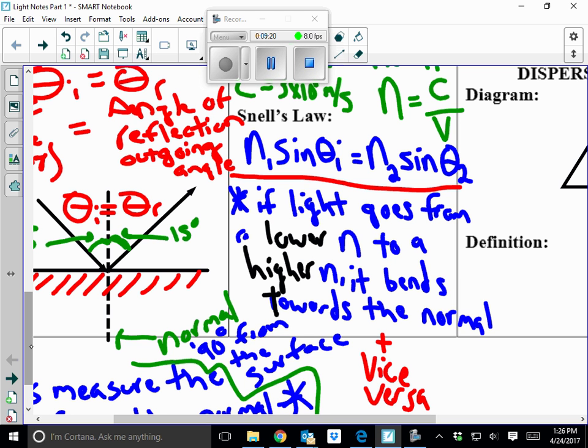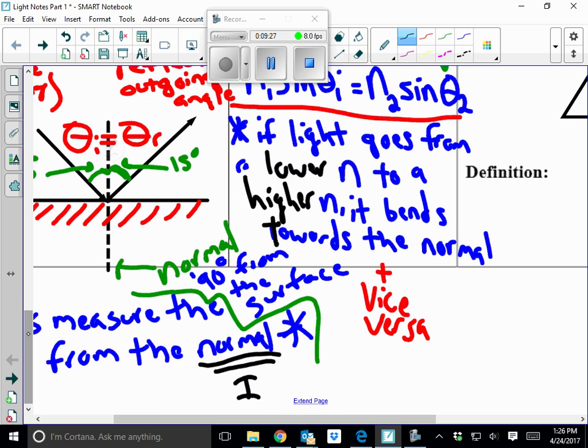Now, here's a little hint that I want to teach you so that it's a good reference point so you can figure out if you're doing the math right. If light goes from a lower index to a higher index, it bends towards the normal, aka the angle gets smaller.